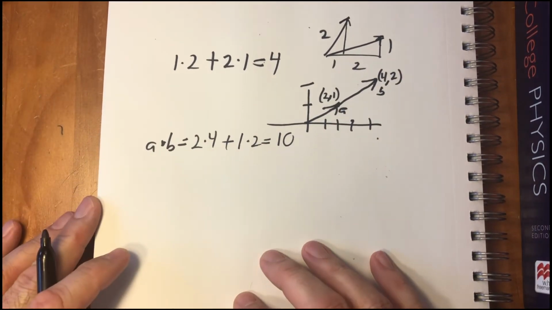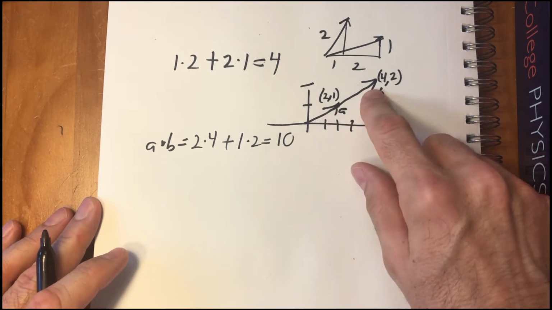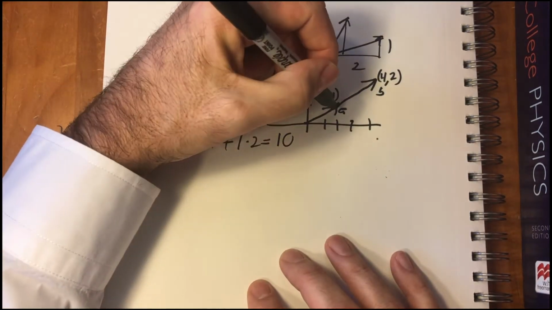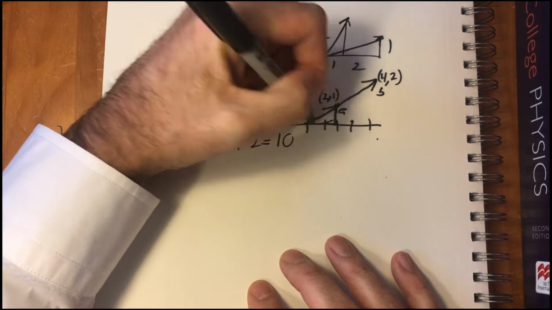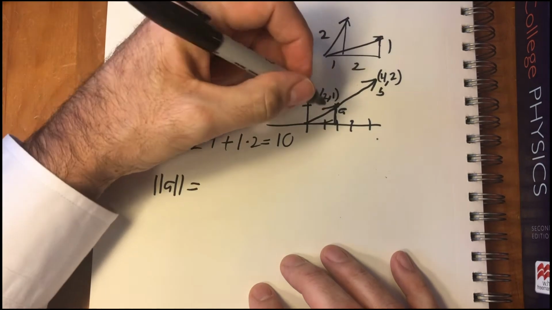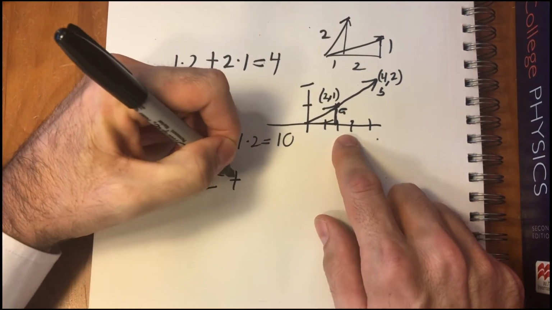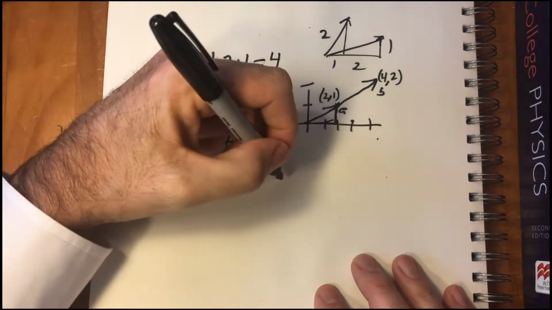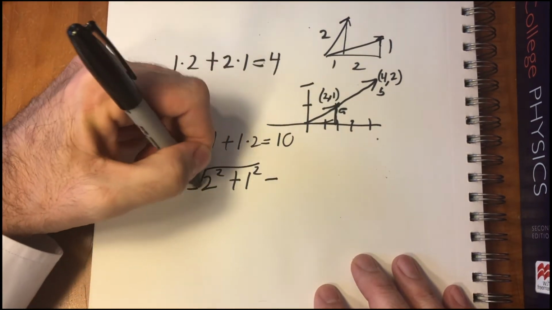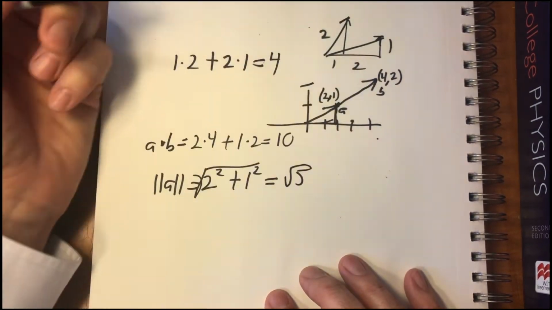What if we actually multiplied the magnitudes, what do we come up with? So what's the length of this? Just use the Pythagorean theorem. The length of A is 2 squared plus 1 squared, and then we take the square root of that. So 4 plus 1 equals the square root of 5, right?